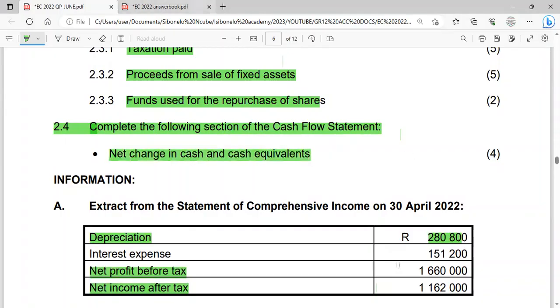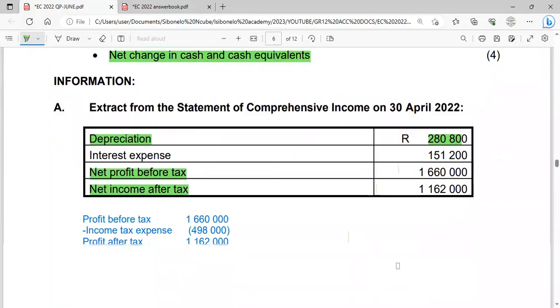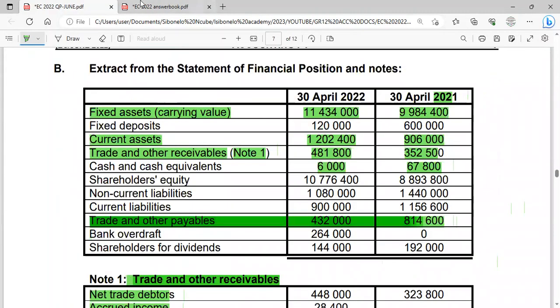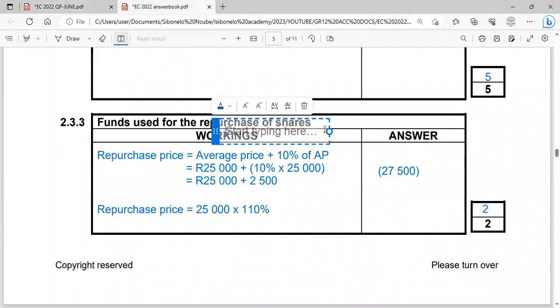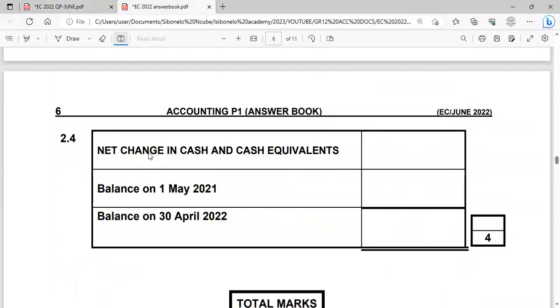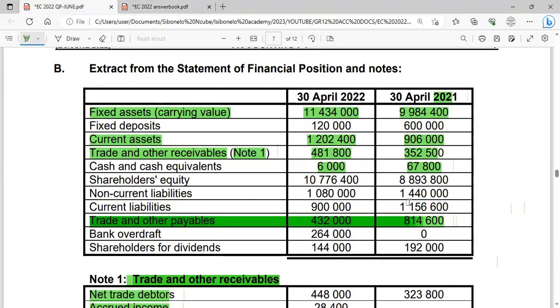So they want us to complete this section, net change in cash and cash equivalent. So the opening balance, so you're gonna disclose the opening balance and the closing balance of cash and cash equivalent. So the opening balance, cash and cash equivalent, we've got 67,800, and then there is no overdraft. So we're gonna take this as it is, 67,800.